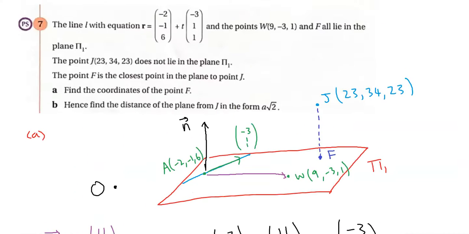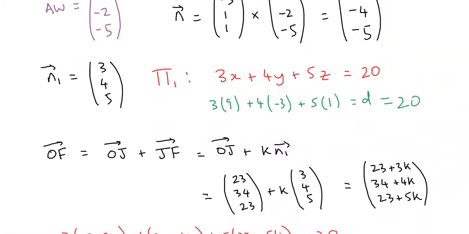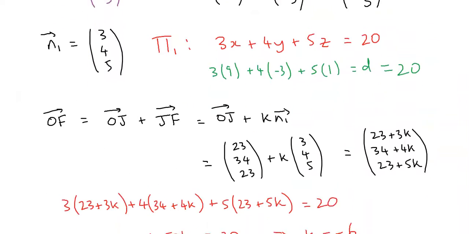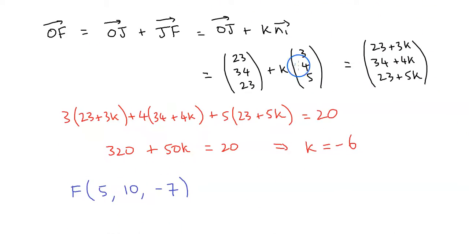Moving on to part B, we're asked to find the distance of the plane, so the distance of pi 1 from the point J in the form a times square root of 2. Well, the distance of the point J from the plane is the length of JF. And JF is this vector here. It's k times (3, 4, 5).